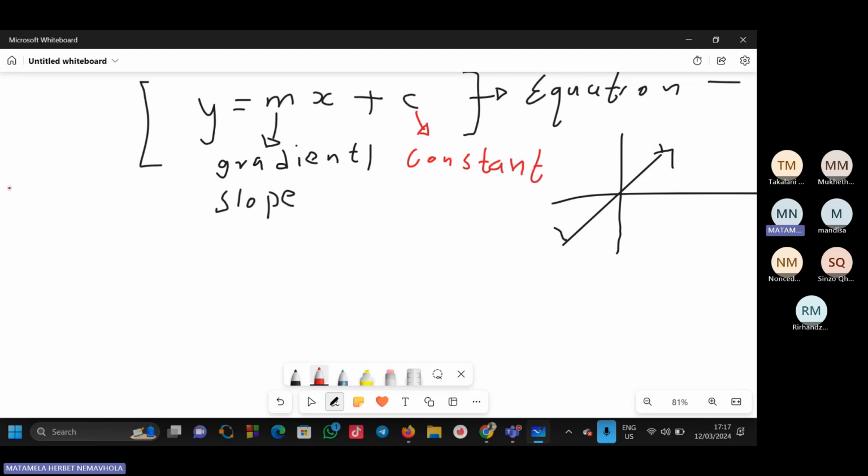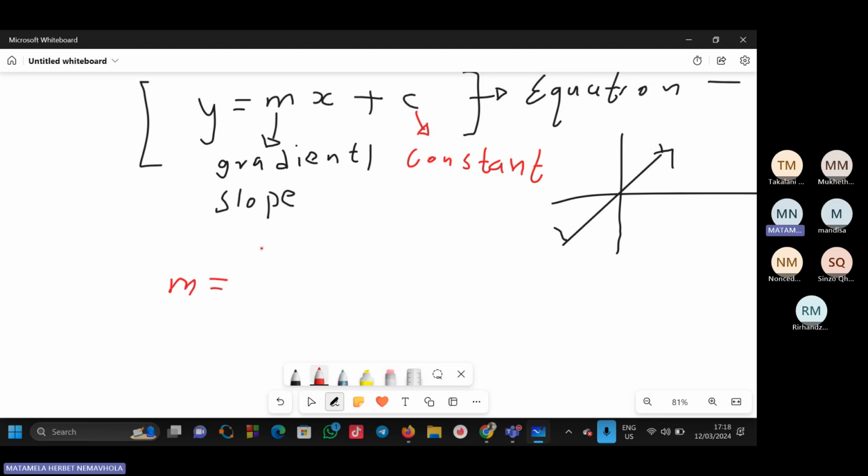Constant. So now you might ask yourself, how are you going to be able to get the m, the gradient? We have a formula to calculate the gradient. The formula to calculate the gradient, m, let's use m.